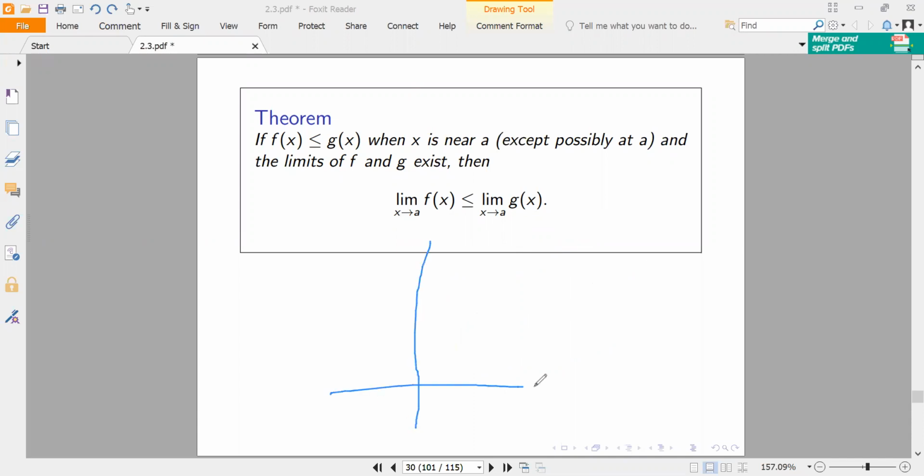So suppose you have your f of x and you have your g of x. This f of x being less than g of x means g is above f of x. That's what this notation means.